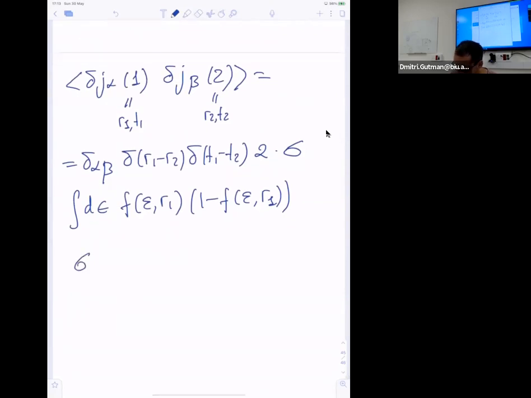Here sigma is e squared nu D, the electric conductivity.